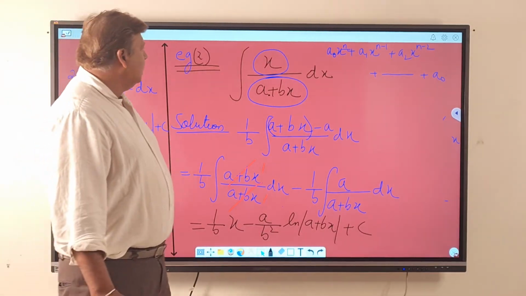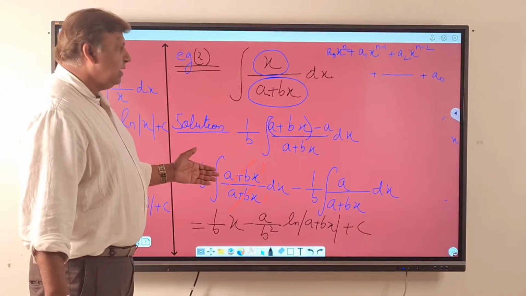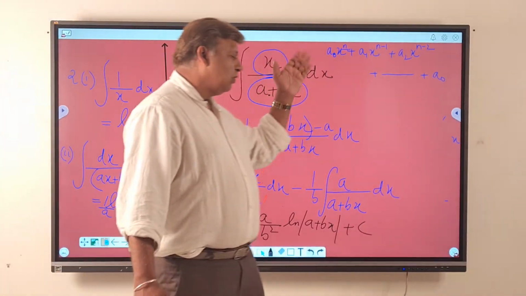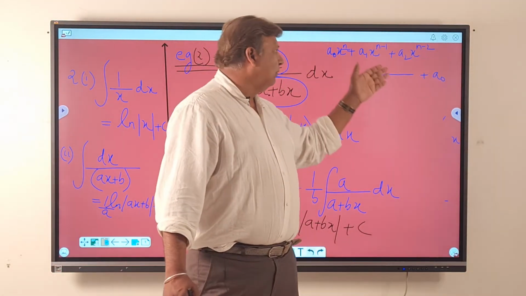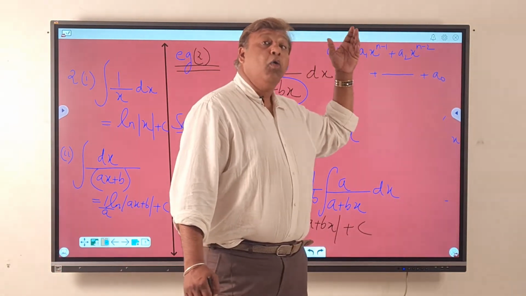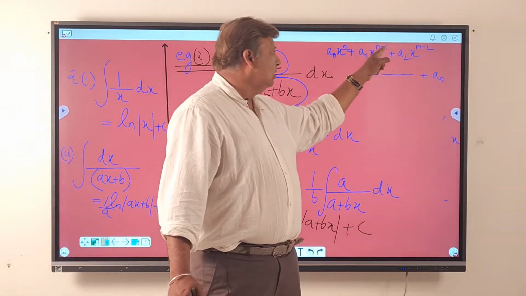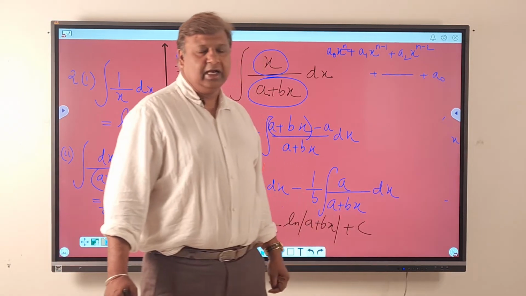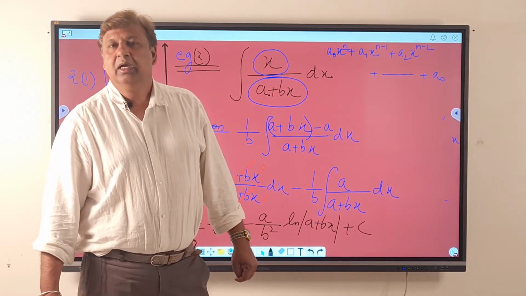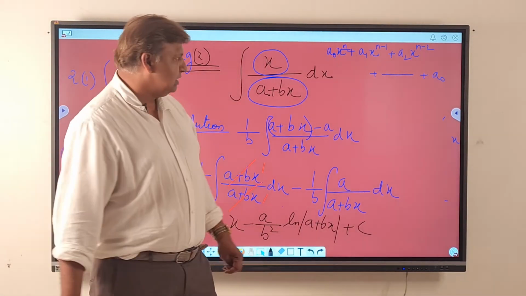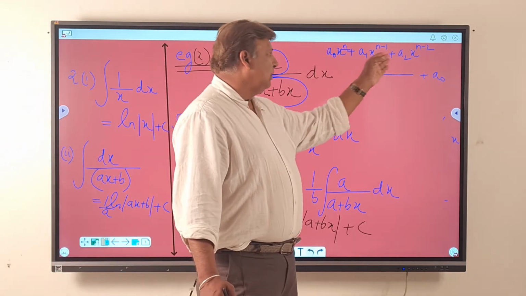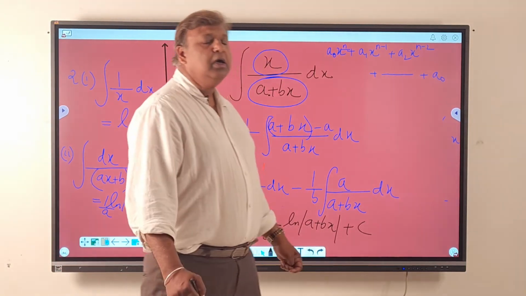Very well. So I hope you could understand. Here what we have done is we have learned about what is a polynomial. A polynomial in one variable is of this type, in which the power n, which is the highest degree here, which is the highest power here, is a non-negative integer, while a0, a1, a2, etc. are constants.